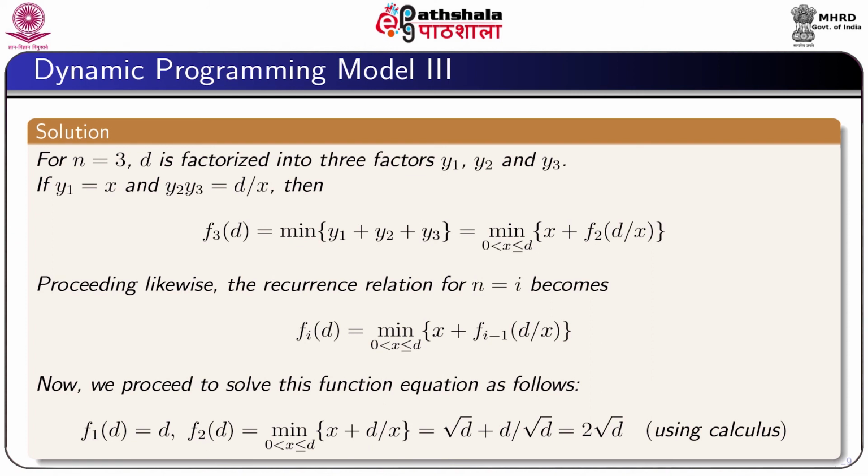Now, we proceed to solve this functional equation. We have f1(d) equal to d and f2(d) equal to minimum of x plus d by x, which can be obtained as root d plus d by root d. Since the minimum is obtained for x equal to root d, we get f2(d) equal to 2 root d.